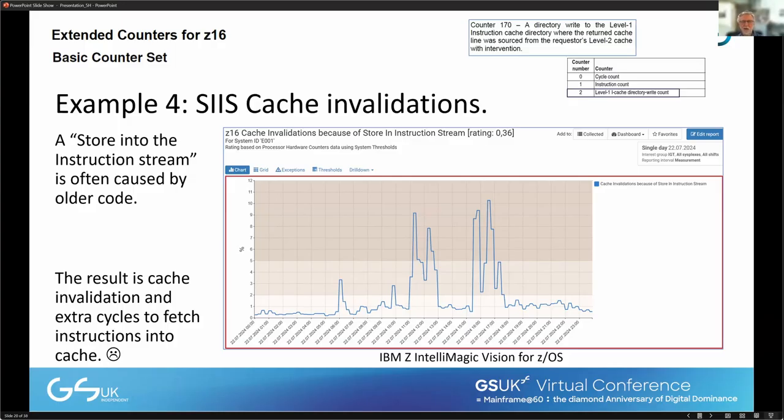That's a very typical reason, which means identify, if you can, which tasks are suffering from these store and instruction stream invalidations, and recompile or look at the code to see how you can improve it if it's very old assembly code, for example. So this chart is based on the extended and the basic counters.